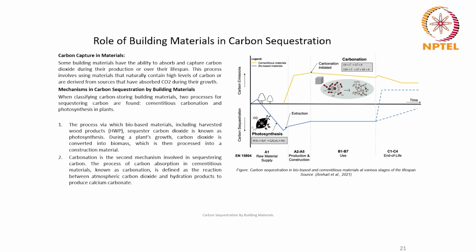During a plant's growth, carbon dioxide is converted into biomass, which is then processed into a construction material. Carbonation is the second mechanism involved in sequestering carbon. The process of carbon absorption in cementitious material, known as carbonation, is defined as the reaction between atmospheric carbon dioxide and hydration products to produce calcium carbonate.